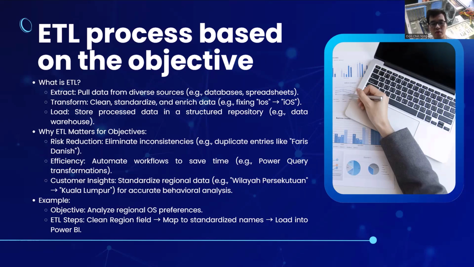The third is to standardize regional data for accurate behavioral analysis, so we can analyze the insight of customers. For example, analyzing regional OS preferences is our objective. The steps we use in ETL are to clean the regional field, then map to a standardized name, then load into Power BI to ensure the whole thing can run.